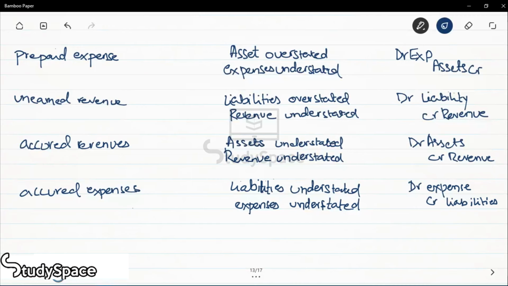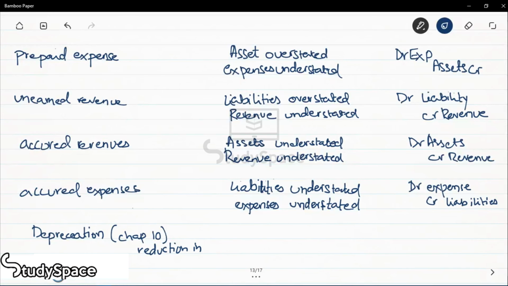Now another type of adjustment entry is depreciation. However, we won't be studying this in detail here. We will be studying this in detail in chapter 10, but depreciation is basically a reduction in an asset's value.